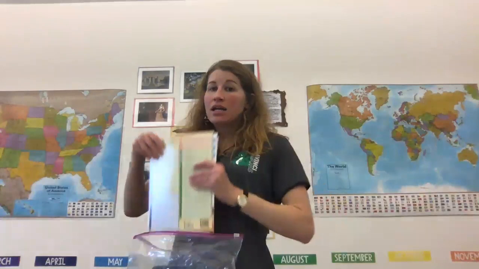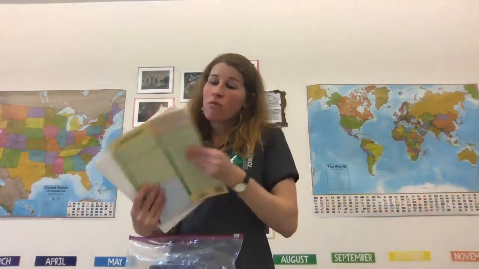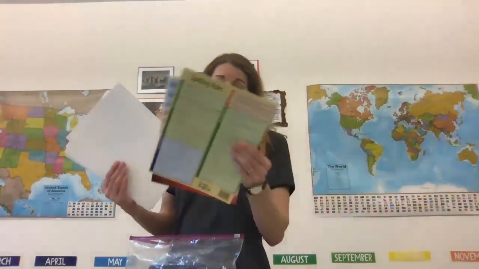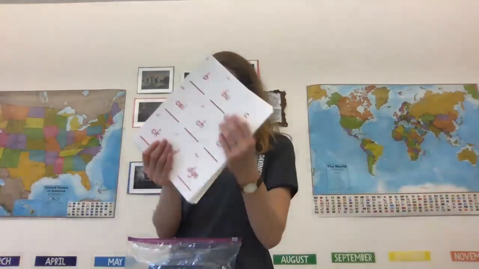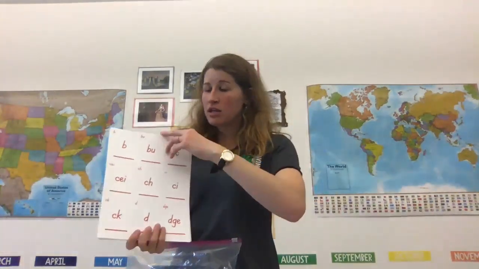This is very gamey and singy and not a whole lot of worksheets, a lot of reading and a lot of reading practice, but in a very fun, engaging way. So you have the rhythm of handwriting, a quick reference for teaching them how to write certain letters. You have your phonogram and spelling rule reference, and then you have all of these cards that you will cut out.